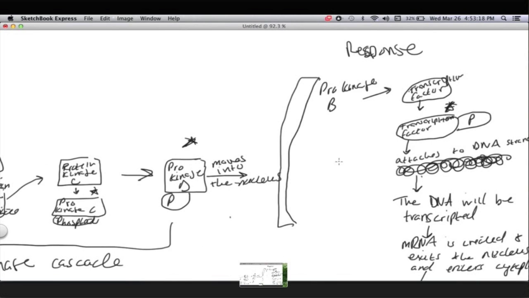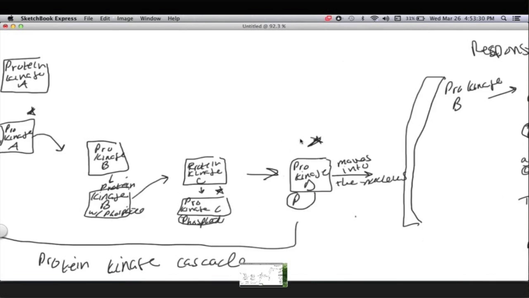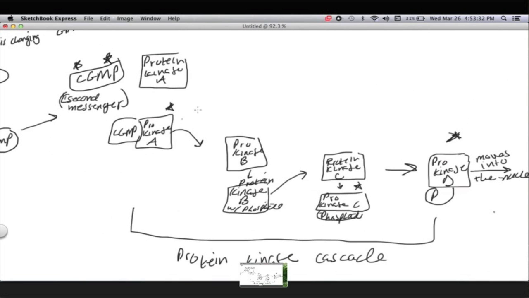Let me interrupt you for a moment. I wanted to point out, again, that in your essay answer it would be worth mentioning that protein kinase A will probably phosphorylate maybe hundreds of kinase B. Each kinase B might phosphorylate hundreds of kinase C, and each kinase C might phosphorylate hundreds of D. So there's a large amplification of the signal.